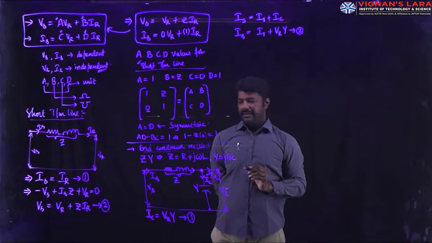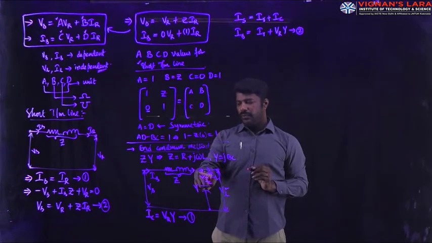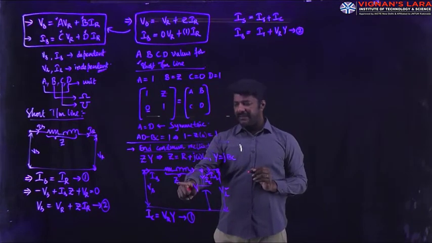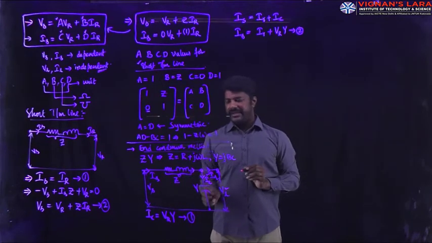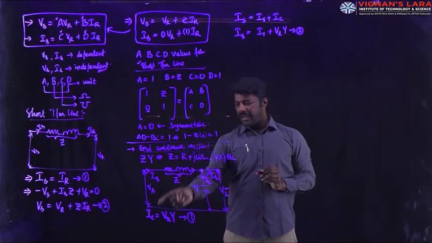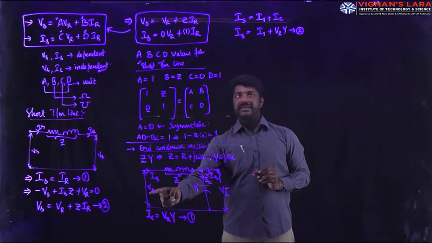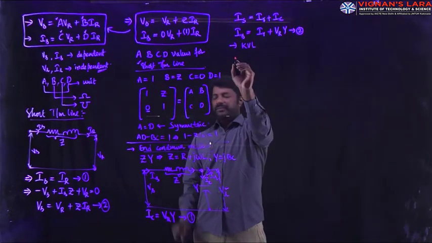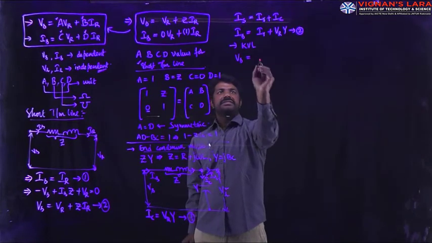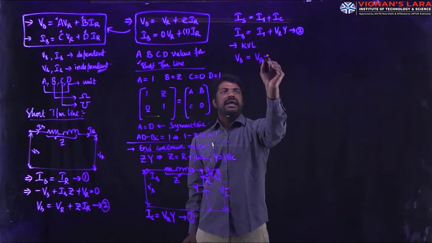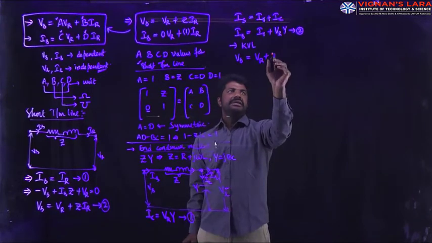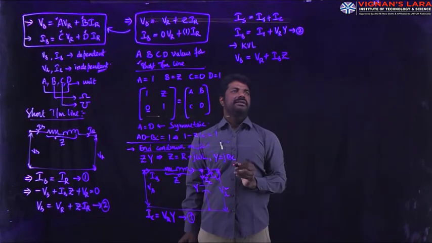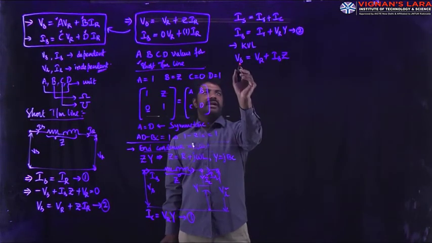After applying KCL, we got the current IS. With the known value of this IS and impedance Z, the drop can be estimated. With this estimated drop, on applying KVL, we will get VS. So applying KVL, VS is equal to the known voltage VR across the capacitor plus the current IS passing through the series impedance, creating a drop IS into Z. What is our objective?